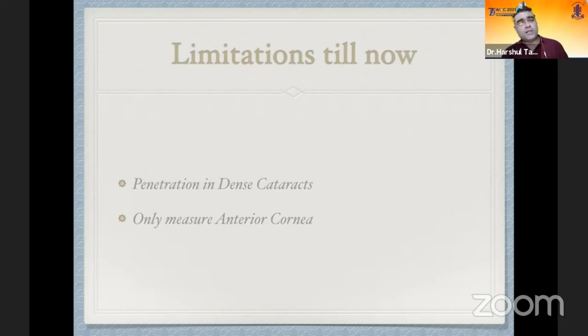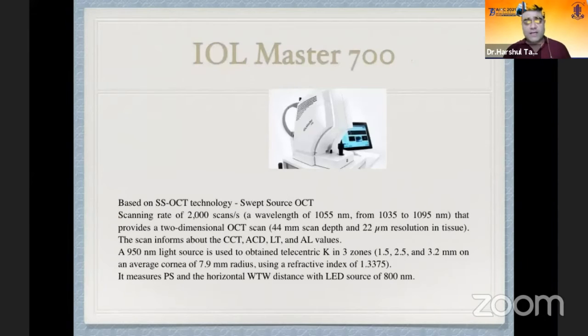But the penetration in dense cataracts, in subcapsular cataracts, in polar cataracts was very low with these biometers, and they only measure anterior cornea. So in 2015 came the breakthrough technology, that is the swept source OCT based IOLMaster 700.